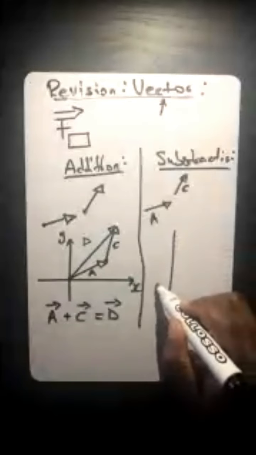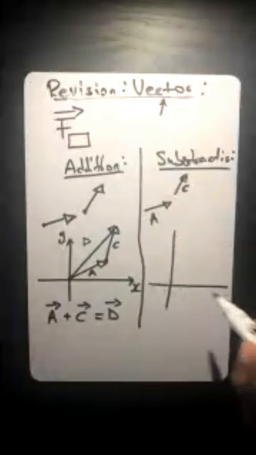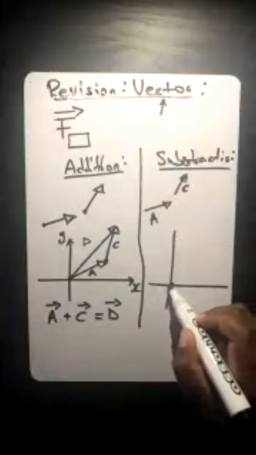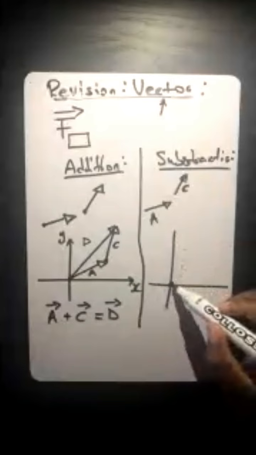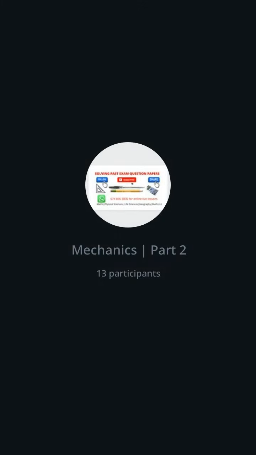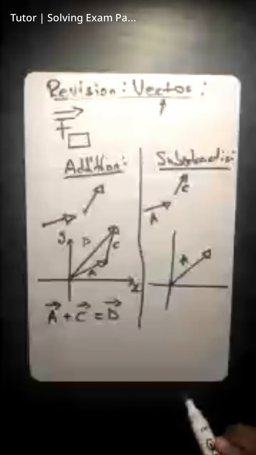So to represent that graphically, you start with the first vector, vector A, in that direction. This is because we are looking at subtracting.